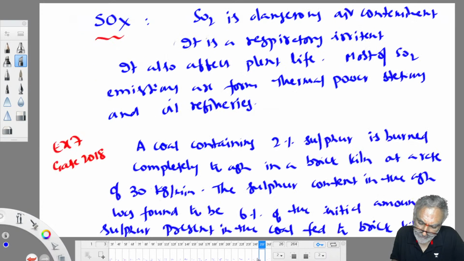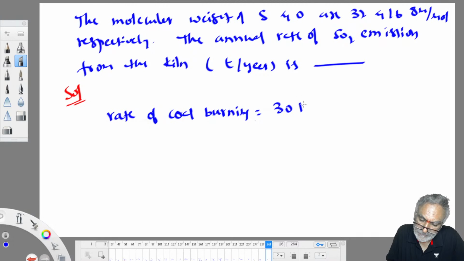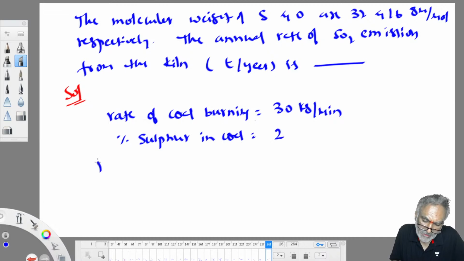In the kiln, 30 kilograms per minute. So percentage sulfur in coal is equal to 2. So rate of sulfur emission. Total sulfur emission.